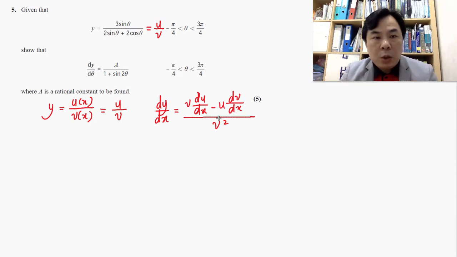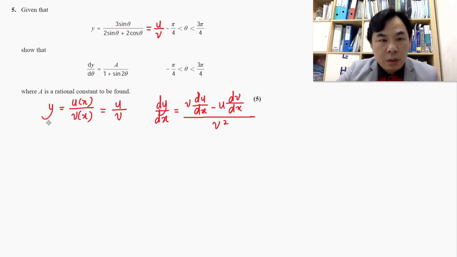Now, make sure you know that for this question, we are dealing with functions with respect to theta itself, so you might want to be very careful with this. We're going to write this as y equals u(theta) over v(theta), because they are functions of theta.